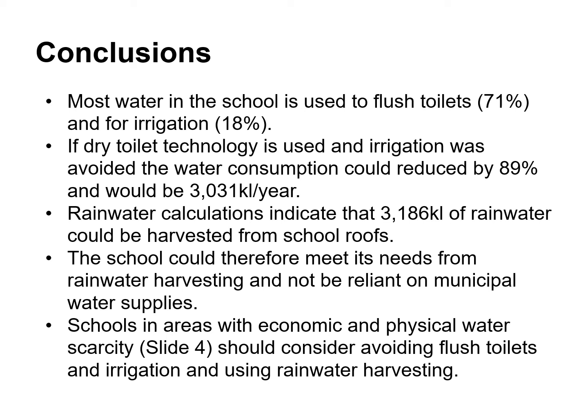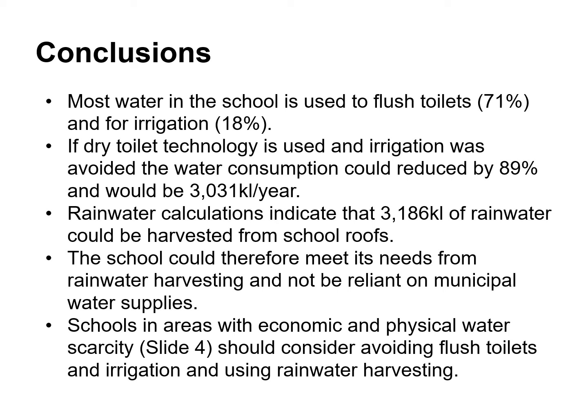So you don't need all of the municipal infrastructure. You put in rainwater harvesting systems and you can meet all your water requirements. So there's enormous advantage in new buildings in areas where there's sufficient rainwater.